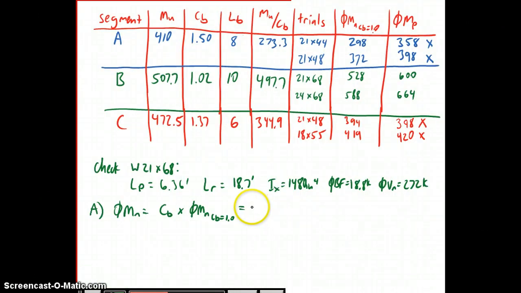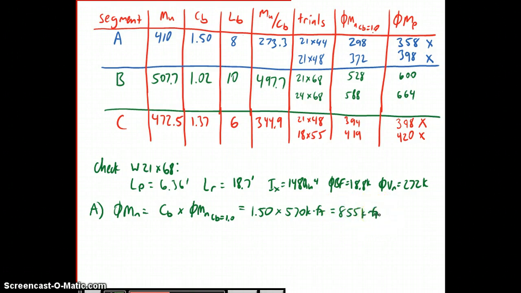So C sub B is 1.50, we should calculate it. Multiply that by that 570 kip feet we just got from table 3-10, and we get 855 kip feet.